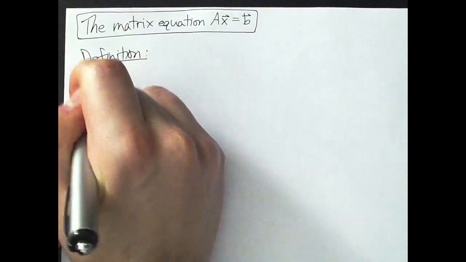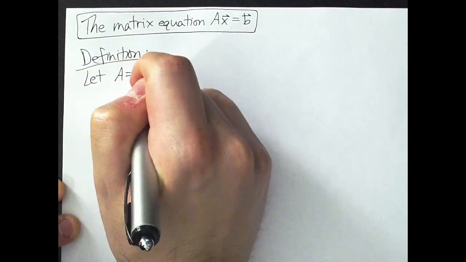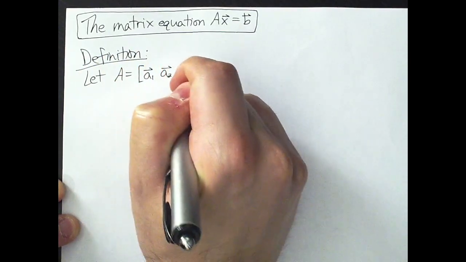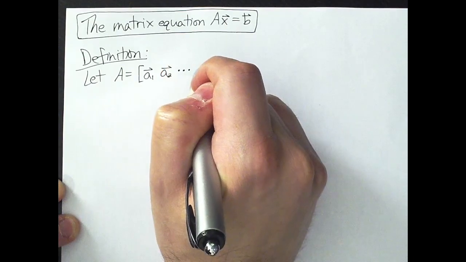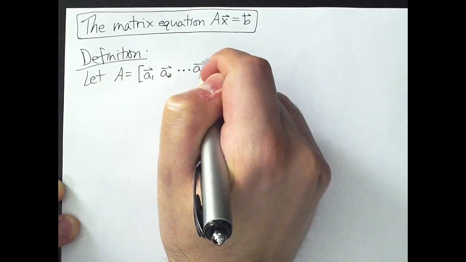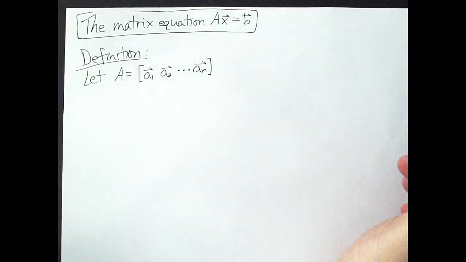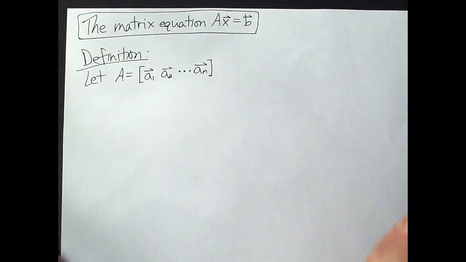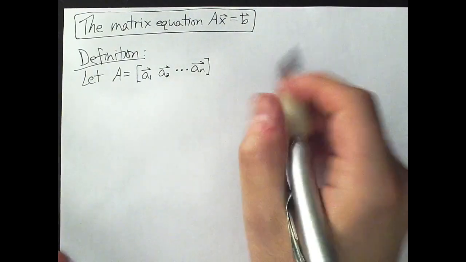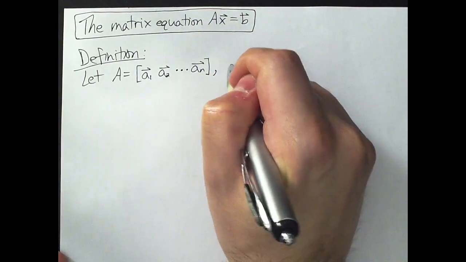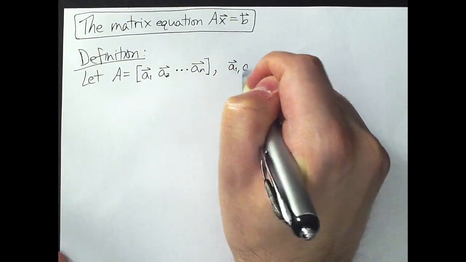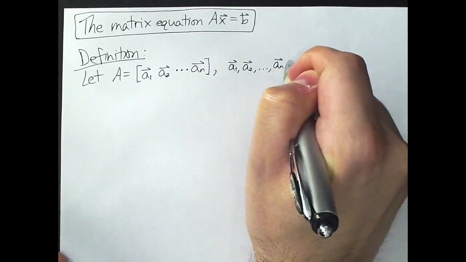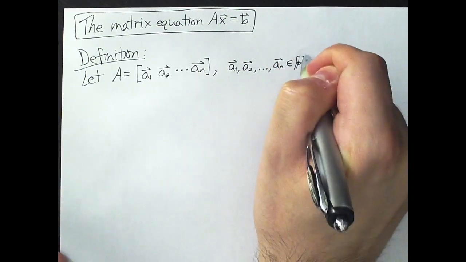Definition. We are going to let capital A be a matrix made up of these columns. Remember last time we said that it's possible to write a matrix in this format. It's comprised of these column vectors. We're going to let A equal that. We're going to say that A1, A2, up to AN are all elements of Rm.